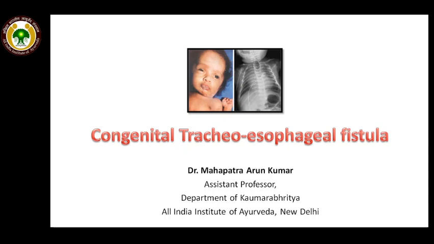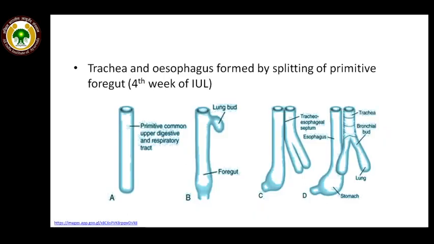So before going into the detail, we have to understand the embryology of the development of the trachea and esophagus. The trachea and esophagus are formed by the splitting of the primitive foregut, which occurs around the fourth week of intrauterine life. As you can see, there is a primitive common upper digestive and respiratory tract, and around the fourth week of intrauterine life, it starts splitting.